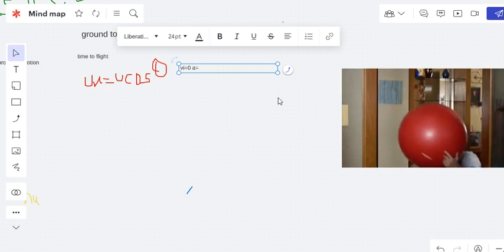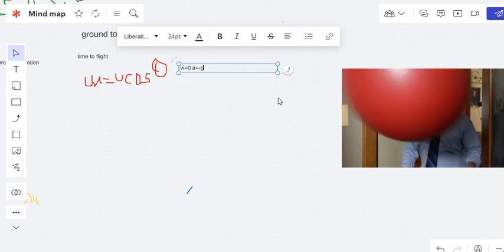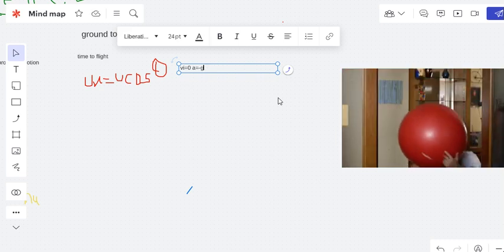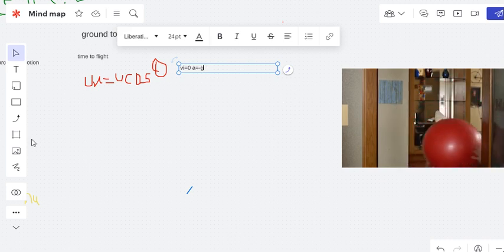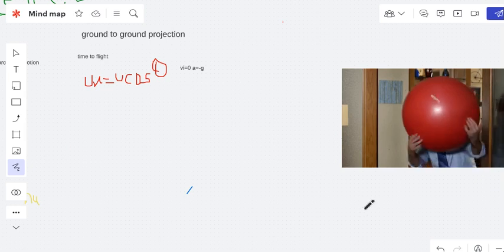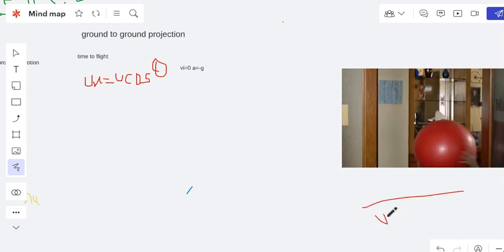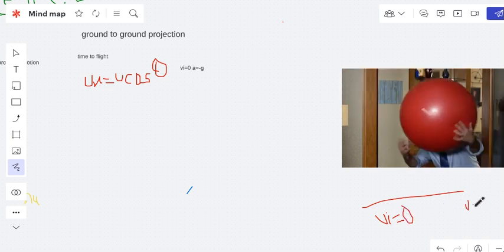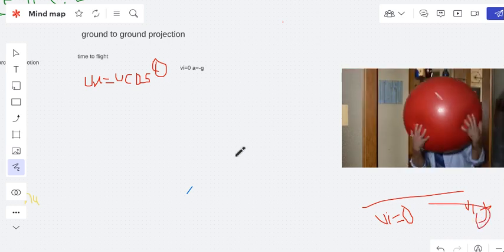Acceleration is equal to minus g. I think the basic thing needed is only the initial velocity and final velocity. As I told you, this is a projection. Here the initial position and final position are the same, which means the displacement is 0. So this is the basic data that we need to include in our equation.